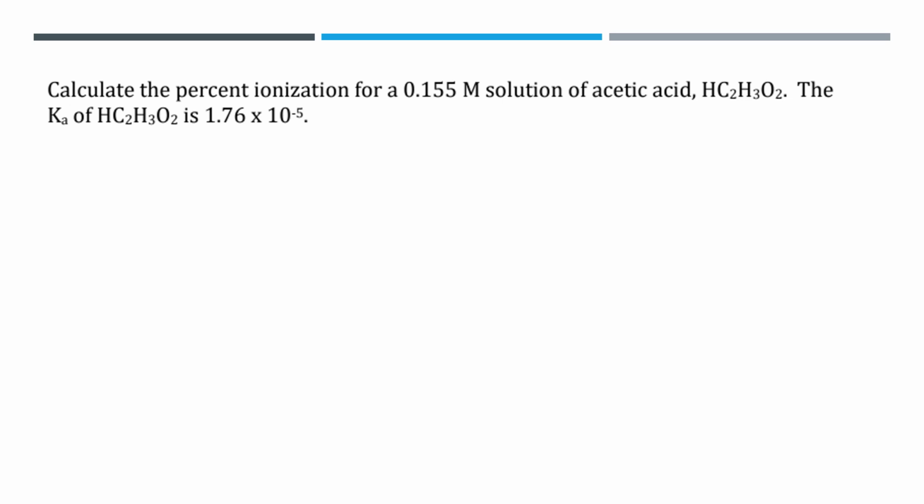It means we have to do a lot of what we did the first time. Instead of finding the pH, we're finding the percent ionization. I'll give you a minute so you can stop the video and work on this problem. A lot of it is a few steps from the previous example we just did.